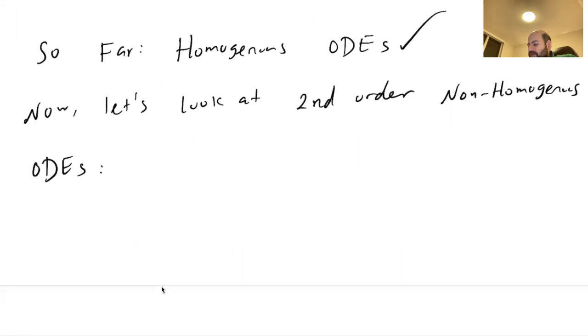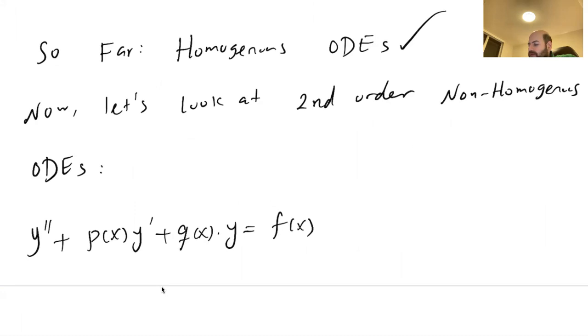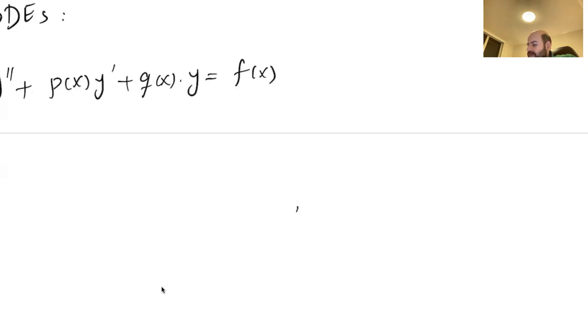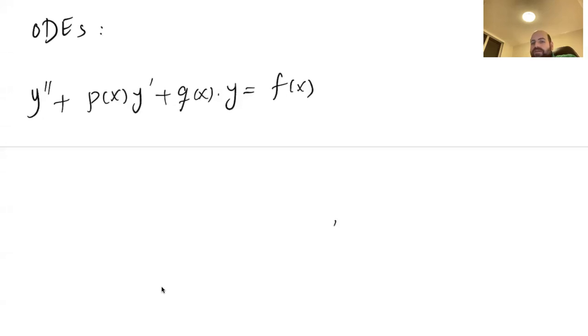So let's say we have y double prime plus p of x times y prime plus q of x times y equals f of x, with f of x not equal to 0 this time. If f of x is equal to 0, then we call it homogeneous. But if f of x is not equal to 0, then we call it non-homogeneous.